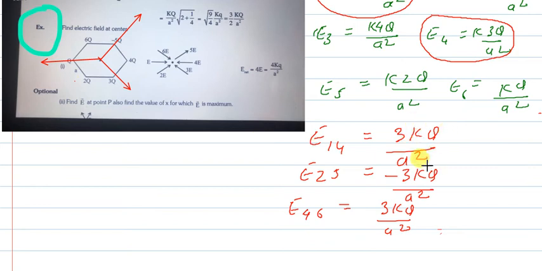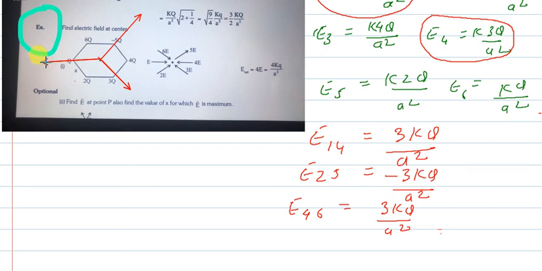See, 3kq upon a square, 3kq upon a square, 3kq upon a square. So all are equal. Now look at this quantity, 3kq and 3kq.